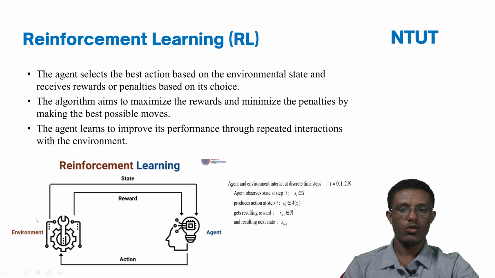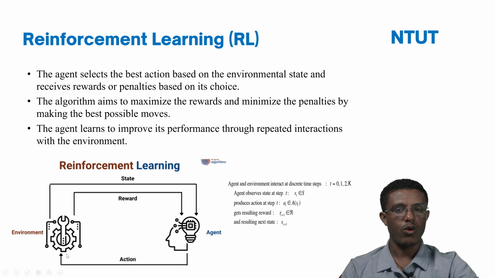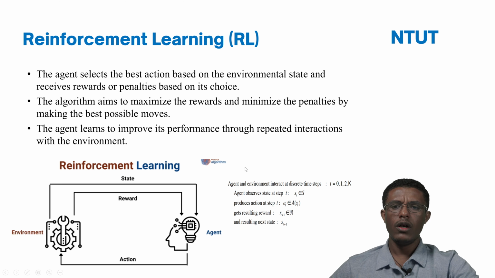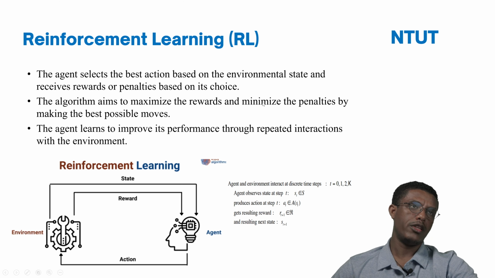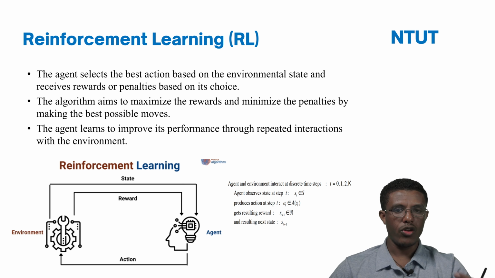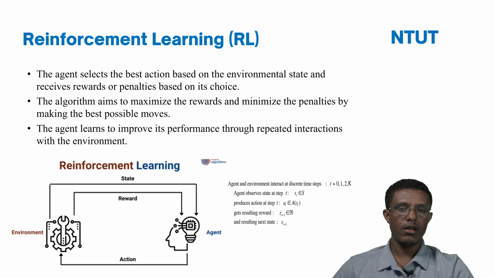That is the way. So here there are possible states, and then you take one action from that state, and based on that action, it receives rewards or penalties. This is the relationship. So the algorithm aims to maximize the reward and minimize the penalties. Our goal is to maximize the rewards by making the possible moves.